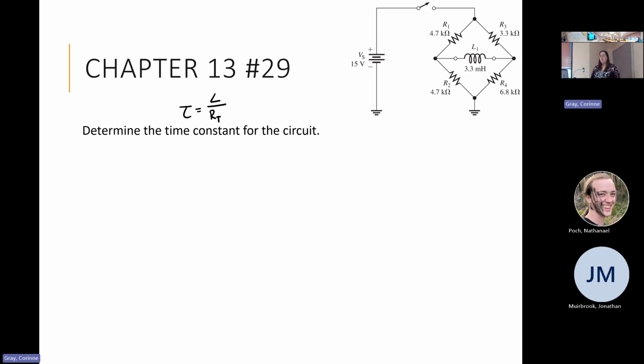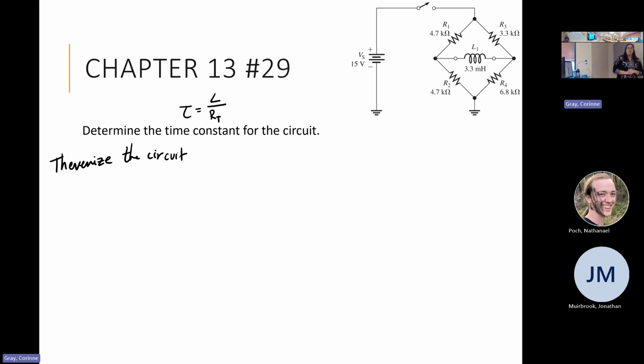Once we have RT, we can plug that in here to get tau. So we need to Thevenize our circuit.